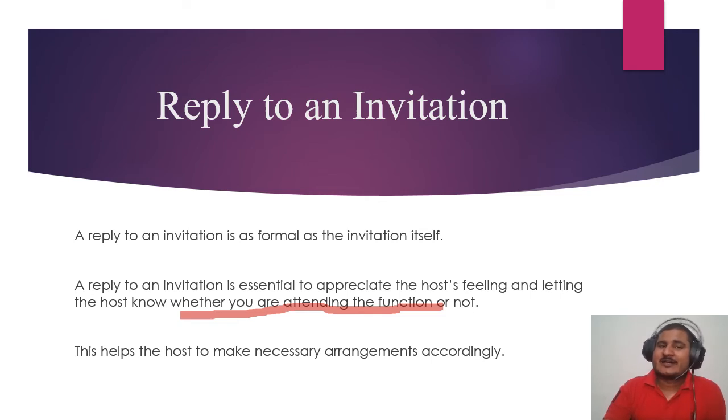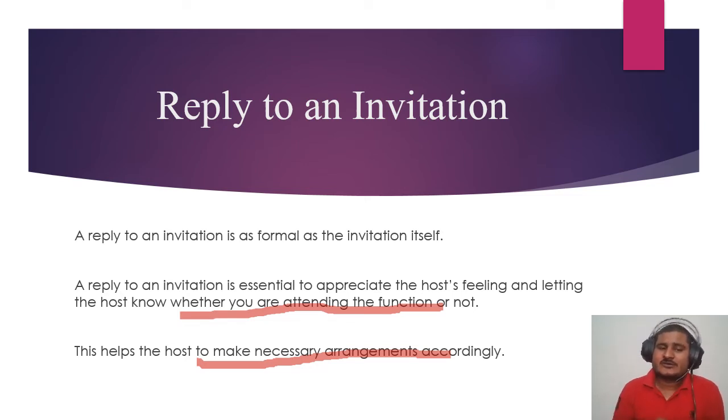If you do not reply to an invitation, then how will the host know whether you are going to attend the function or not, right? So we have to reply to an invitation, as it helps the host make necessary arrangements accordingly. If you reply that yes, you are attending the event, then obviously he will make better arrangements for you.